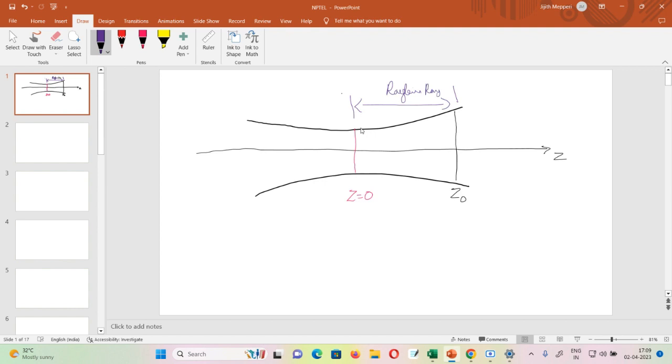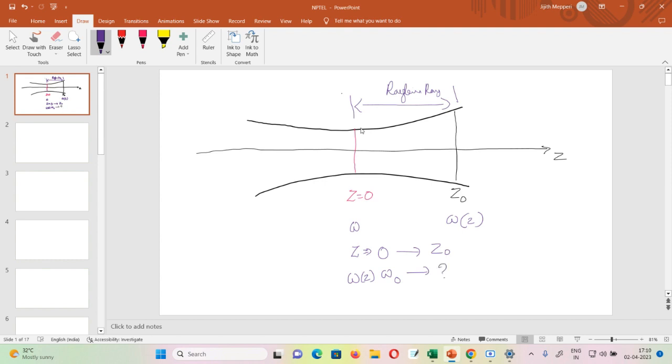Now, what is the question actually? Rayleigh range is defined as the beam waist changes from this side to this omega z. Here z is changing from 0 to z naught, and we want to know how omega z will change from omega naught to how much.